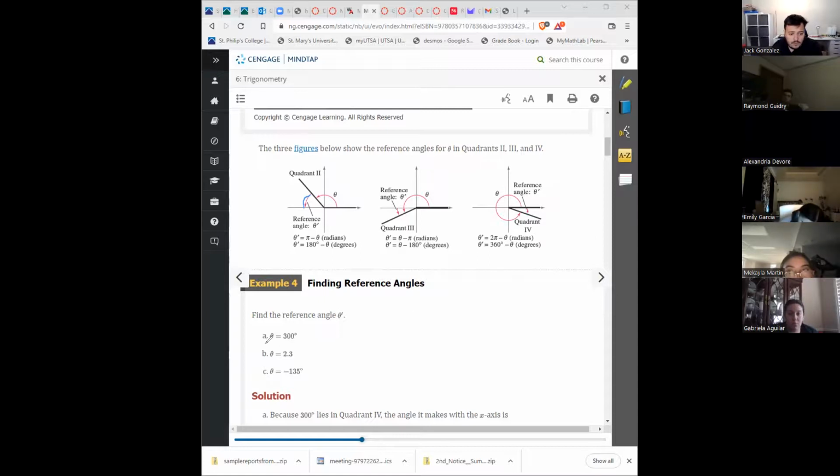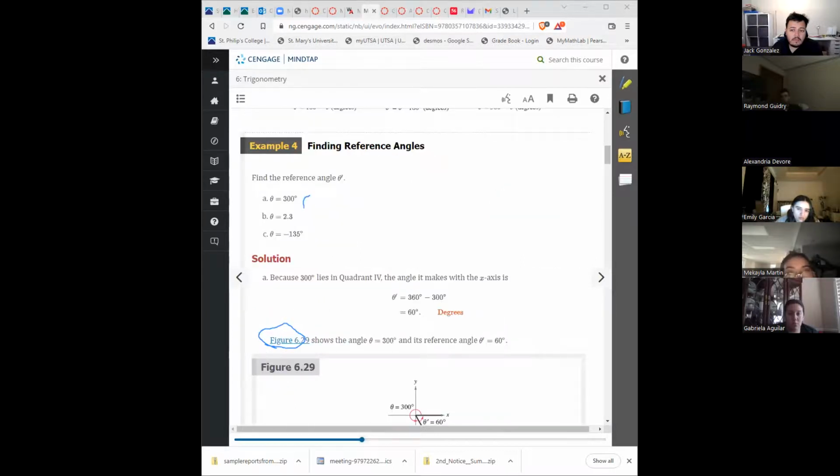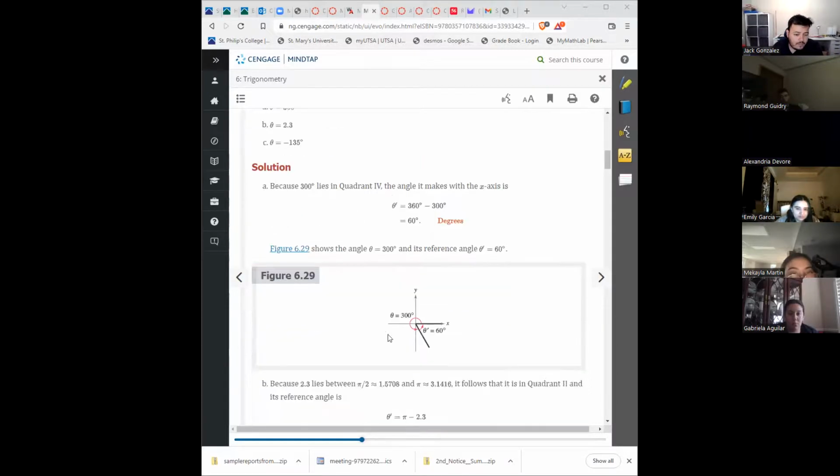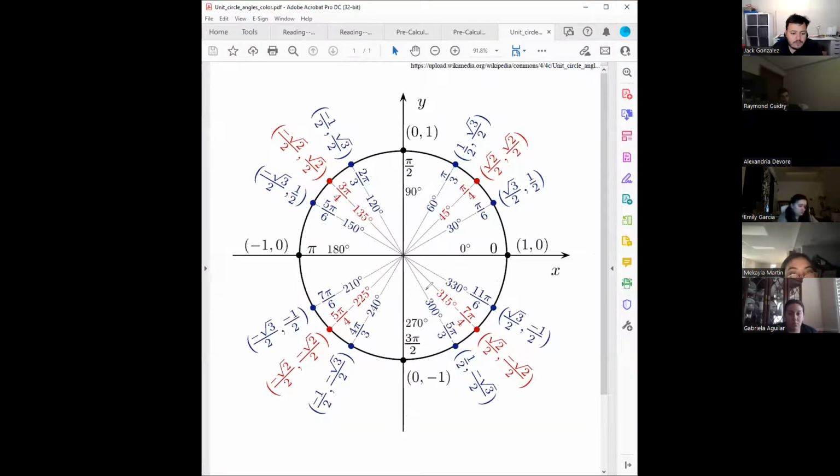So the reference angle of 300, what is that going to be? Right. So you look at where 300 landed. Actually, you could probably look at our circle. It might be easier. 300 is right here, right? So 300 degrees means I started at 0 and I went all the way around and stopped here.